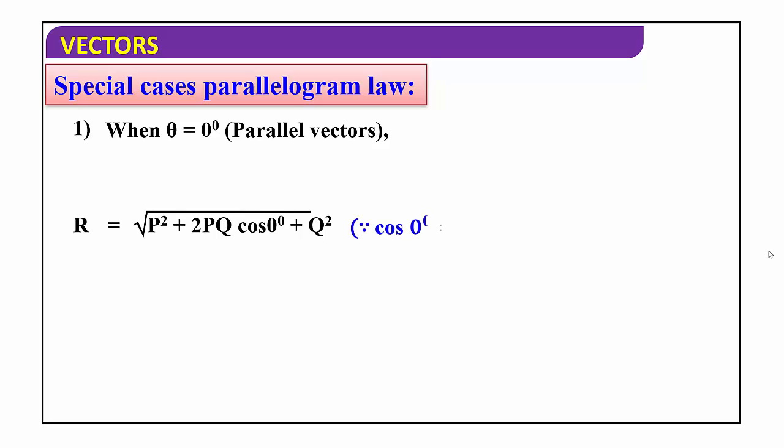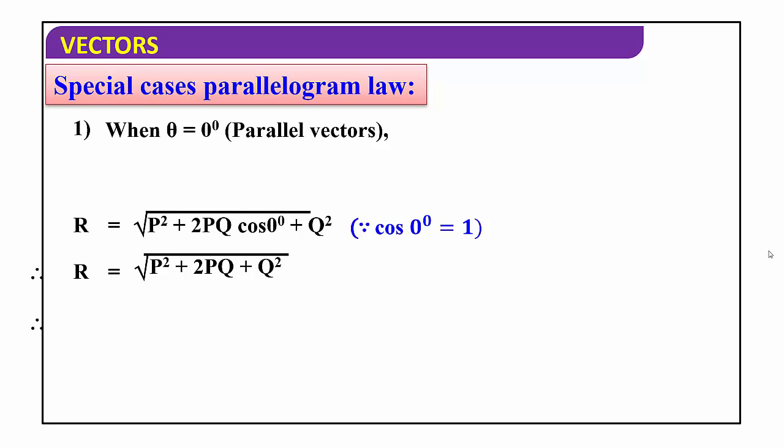Theta is how much? 0 degree. Now, what is the value of cos 0? Cos 0 is equal to 1. Therefore, we will get the final equation R equal to square root of P square plus 2PQ into cos 0 is 1. 2PQ into 1 will be 2PQ plus Q square.